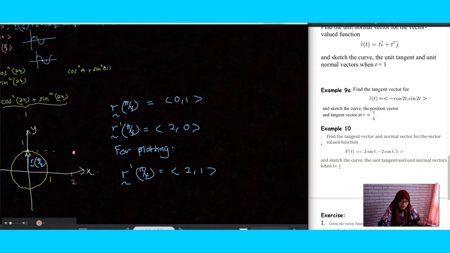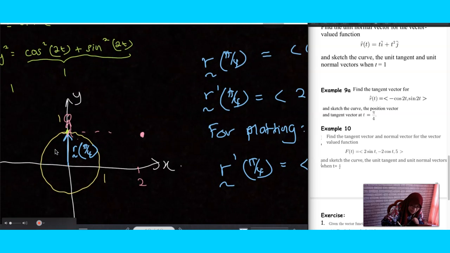So where are you now? You are here, right, at (0, 1). For the sake of plotting, you considered this (0, 1) in your r prime, so in order to sketch the graph, you should start from (0, 1) as well, from your position. So you have this particular graph.